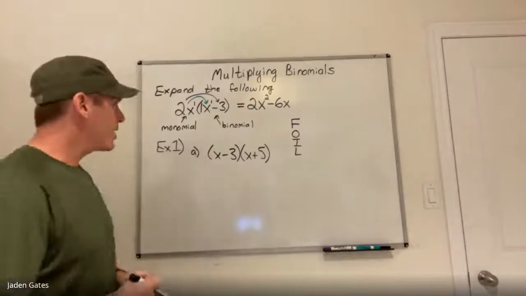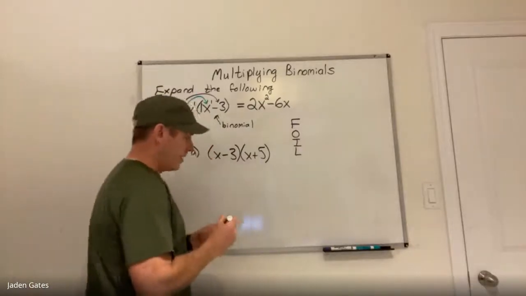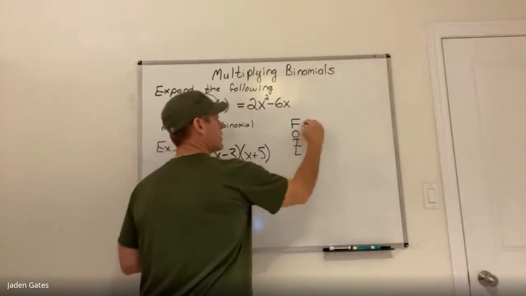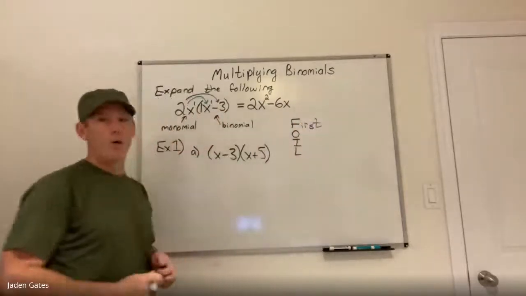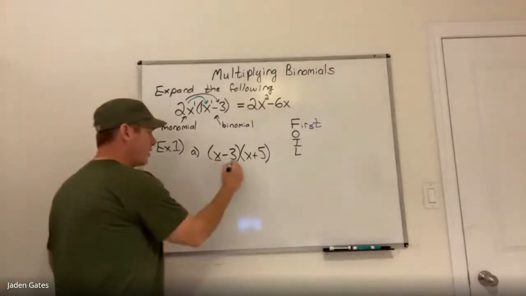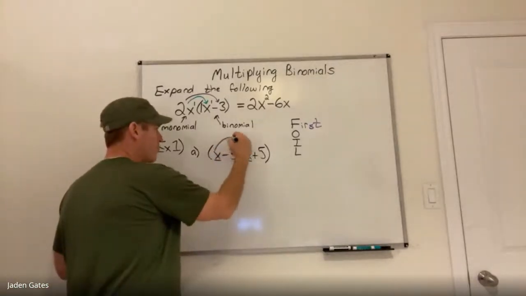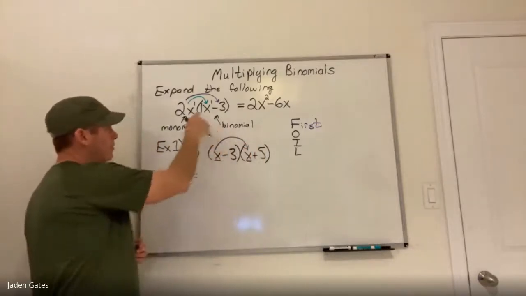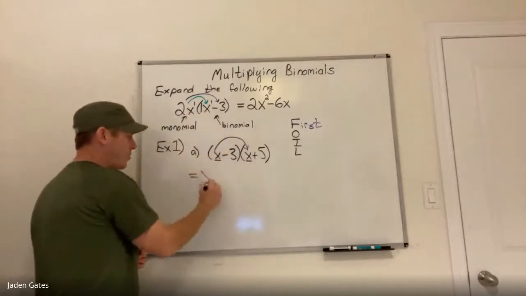All right? And so what we're looking at here is that initially the F stands for first, where I am going to multiply my first terms. So I have an x here and an x here. I am going to multiply them first. And so x times x, just like we had here, is going to be x squared.